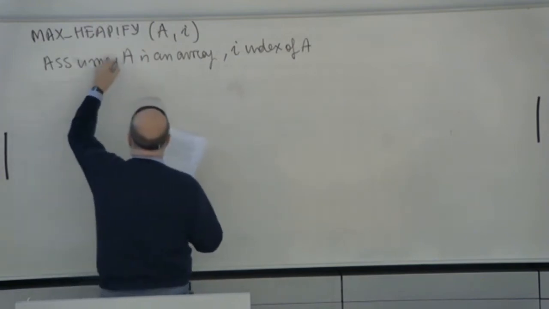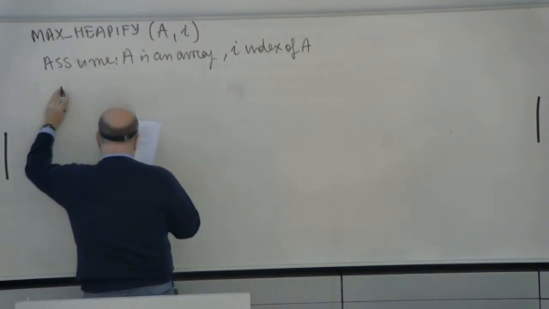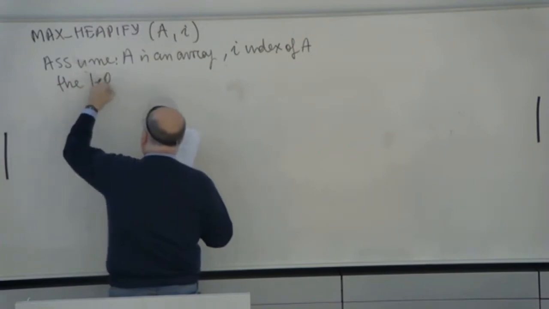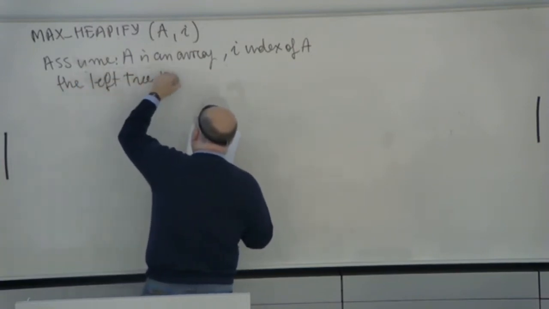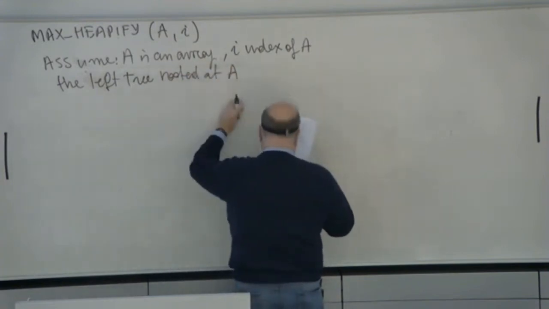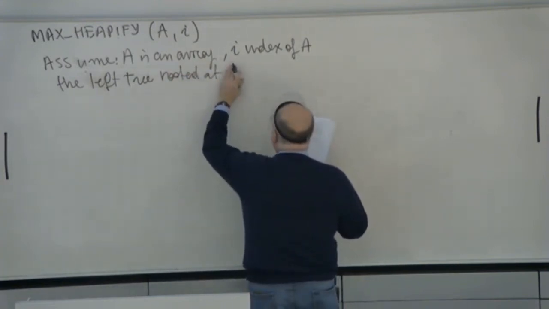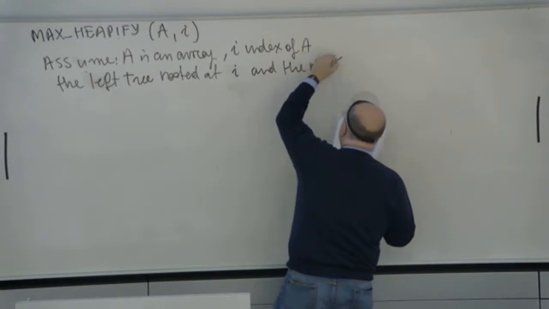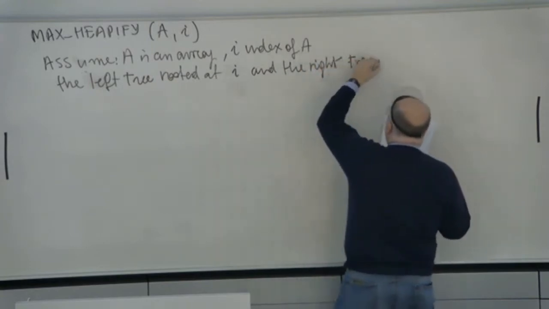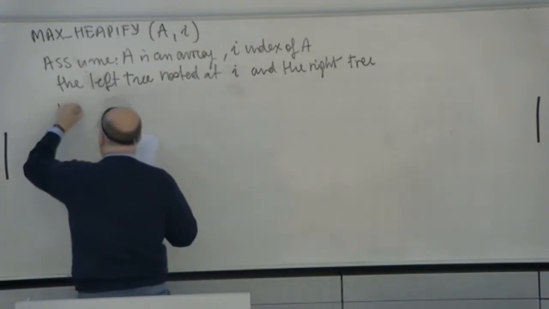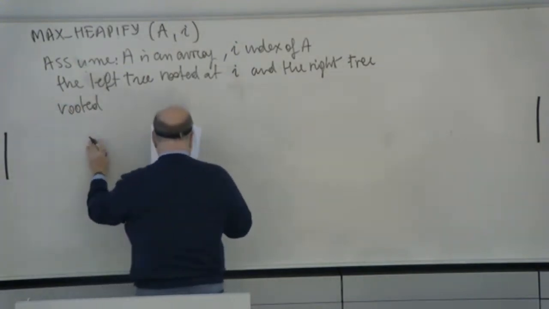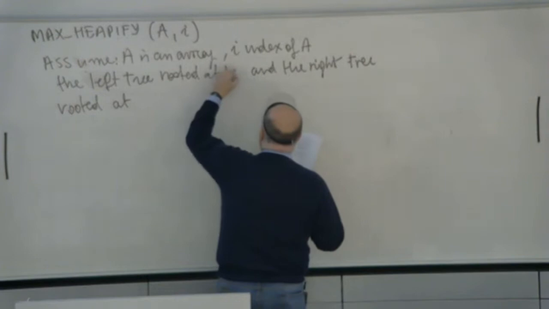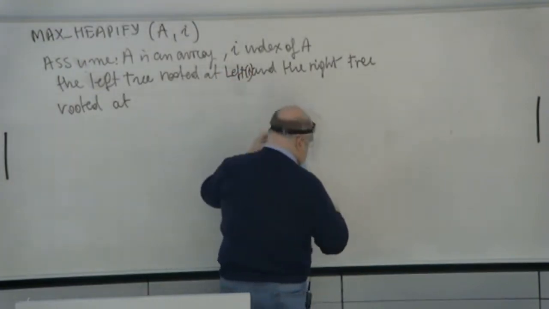And then we also assume that the left tree rooted at A[I], at index I, and the right tree rooted at, sorry, not I, but left I. Sorry about that.